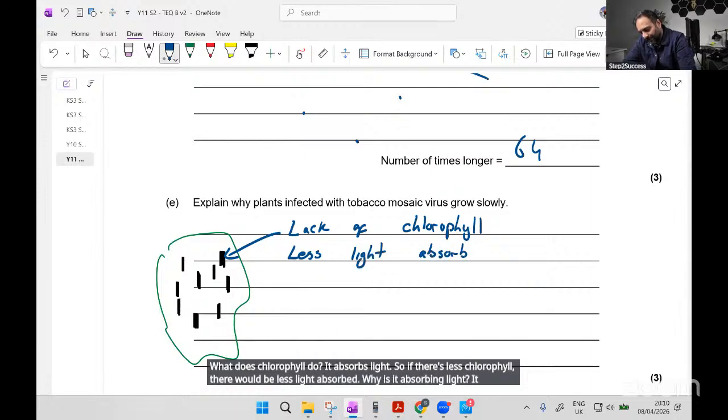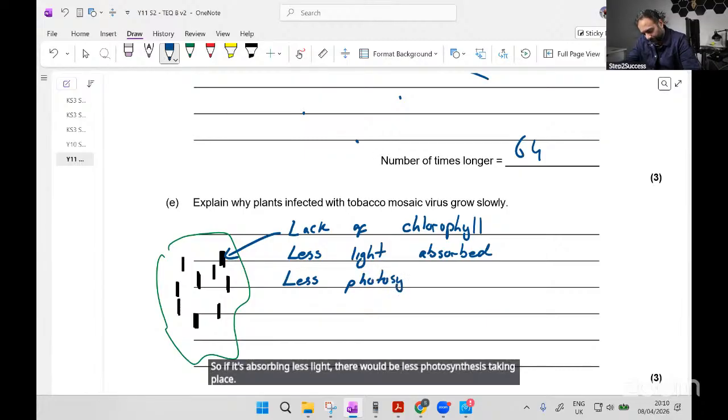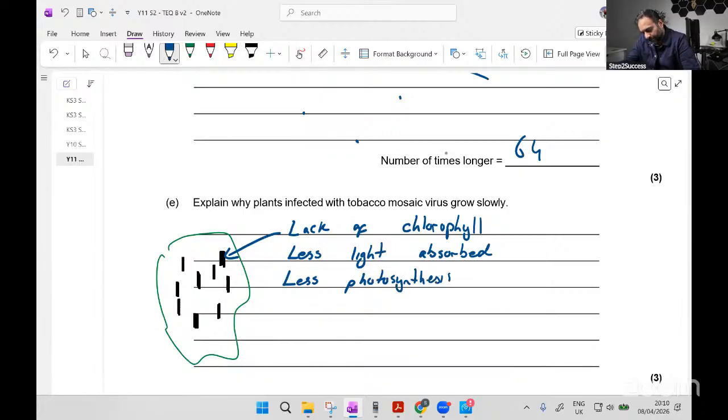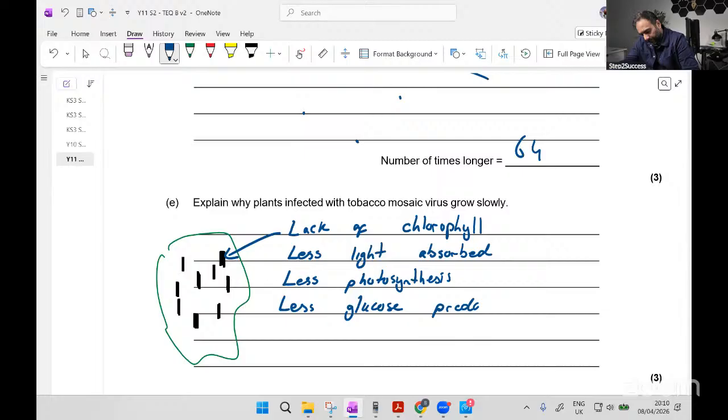It is absorbing light to do a process called photosynthesis. So if it's absorbing less light, there would be less photosynthesis taking place. What does photosynthesis do? It produces glucose for the plant to help it to grow. And so less glucose would be produced. And that is the reason why it grows slowly.